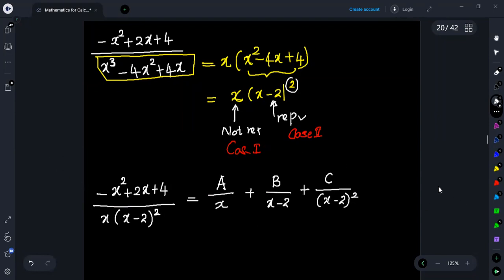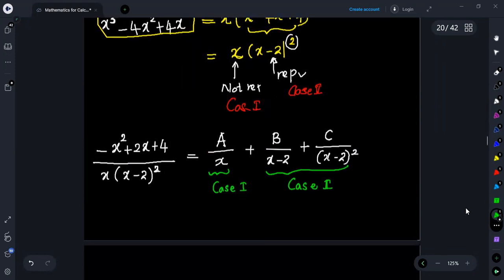So we have obtained this part from case 1 and this entire part from case 2. Once we have considered both cases separately, we can write this expression.